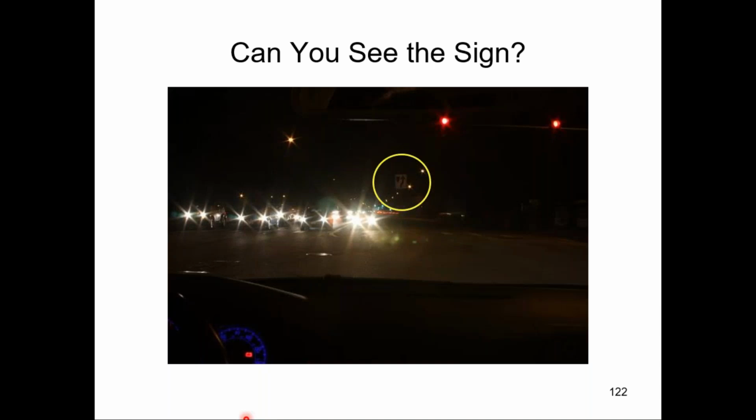But would you agree with me that in this environment, with the traffic signals, the headlamps of oncoming vehicles, maybe some street lights, maybe some lighting from strip malls or something like that, I would argue it's kind of difficult to see that sign. So in urban environments, we may want to think about using retro values higher than the minimum, because remember, the values in the MUTCD are based on data from research in rural areas. So just something to think about.